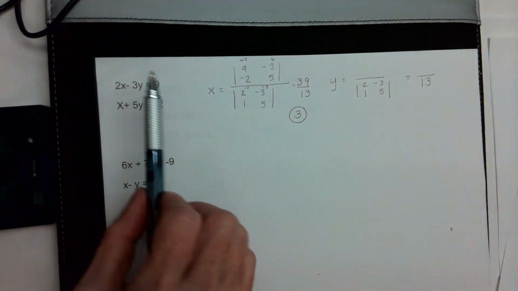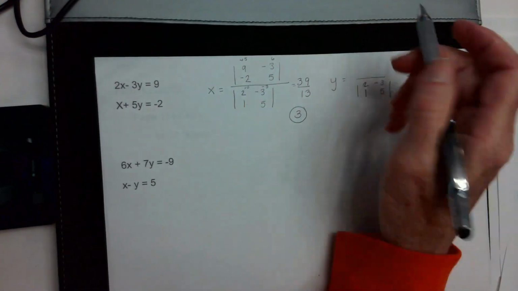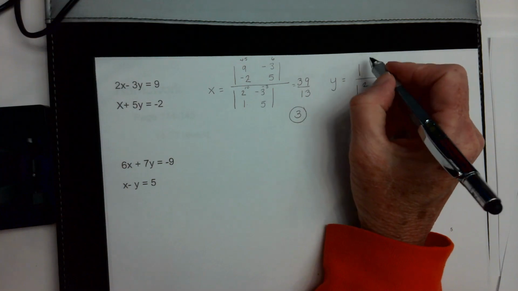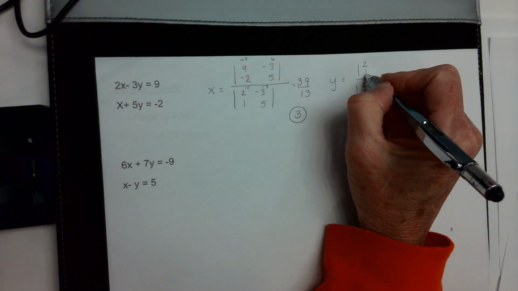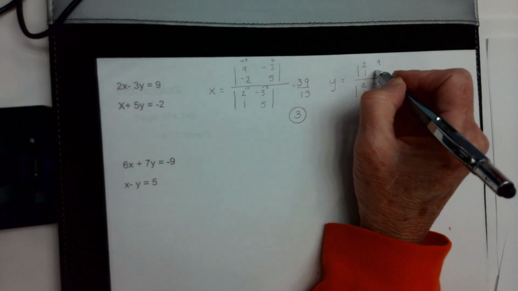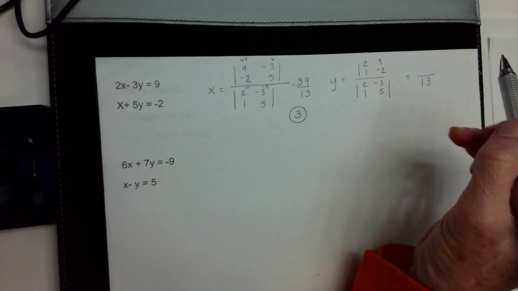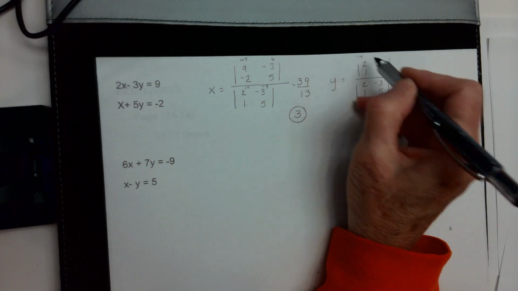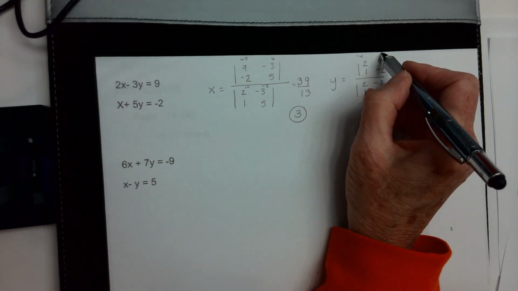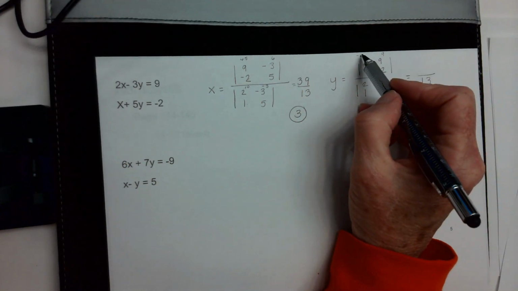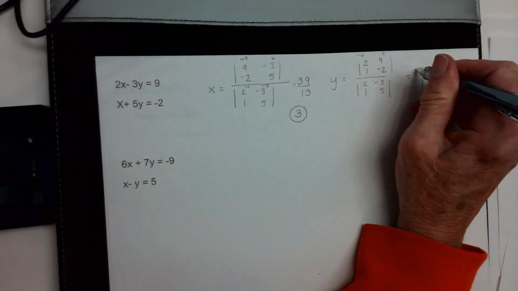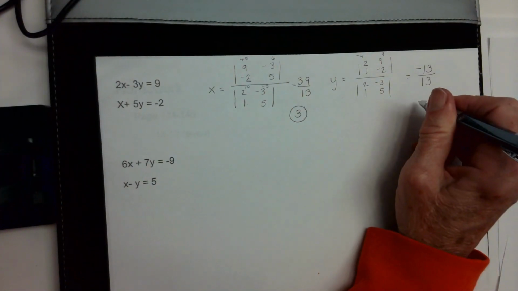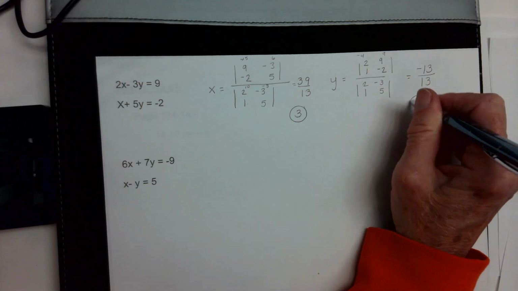Now remember, the top is first and last. So it's the determinant of 2, 1, 9, and negative 2. Okay, so I multiply up, I get negative 4. Multiply up, and I get 9. So I'm going to get negative 4 minus 9, which is a negative 13. So my y value is going to be negative 1.